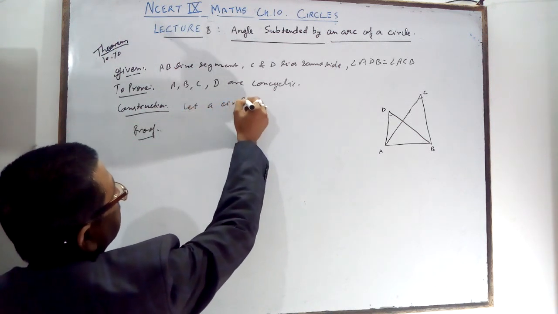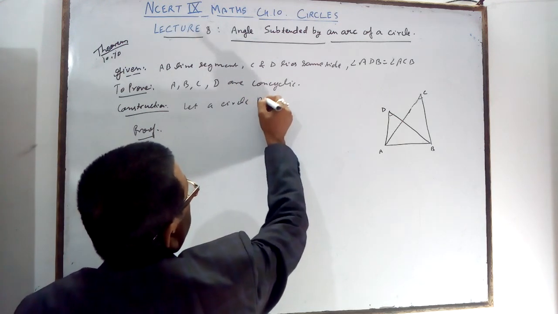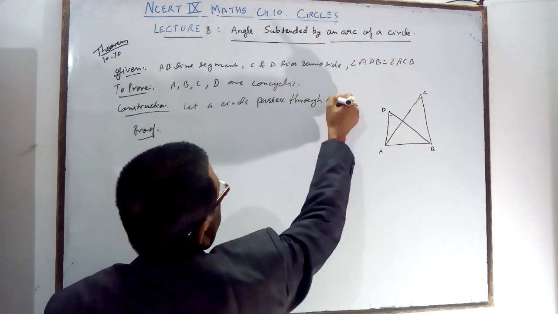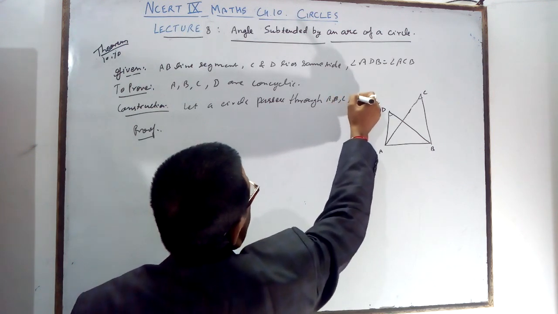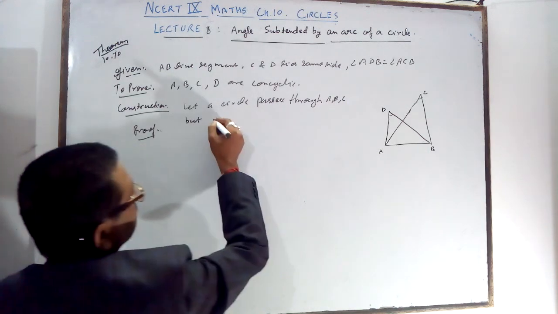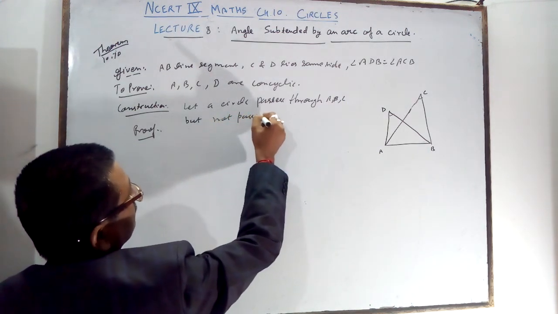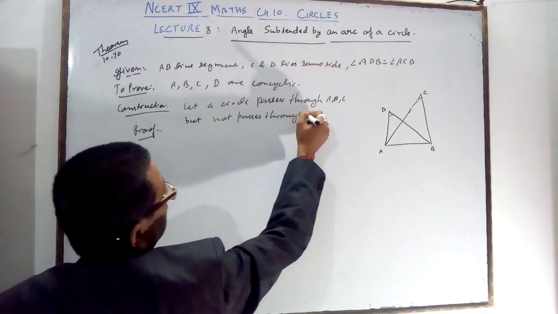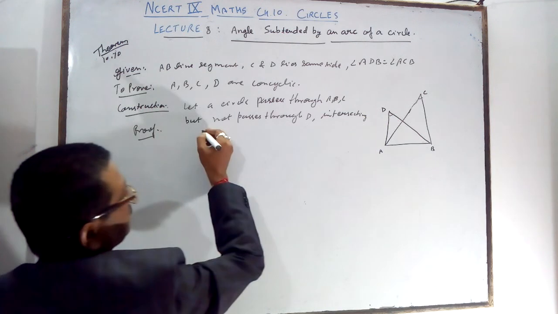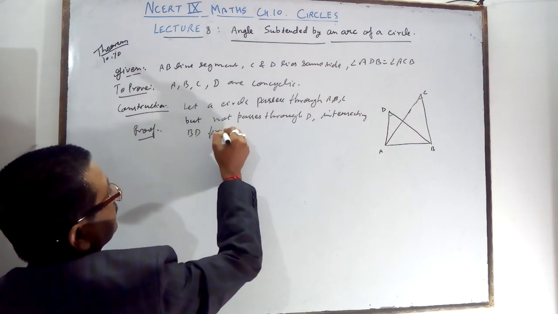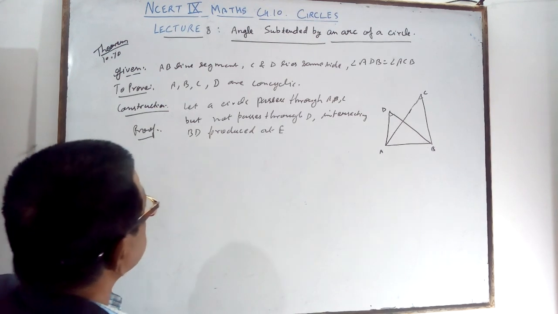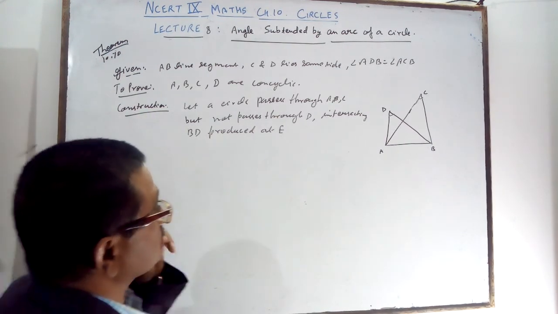Construction: let a circle pass through A, B, C and not pass through D, intersecting BD produced at E. BD is produced to E, like this.